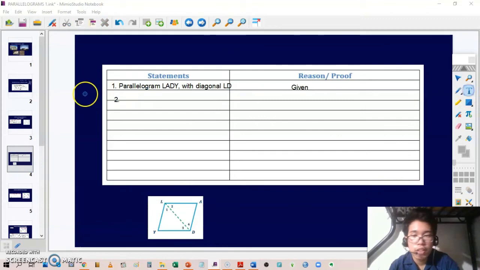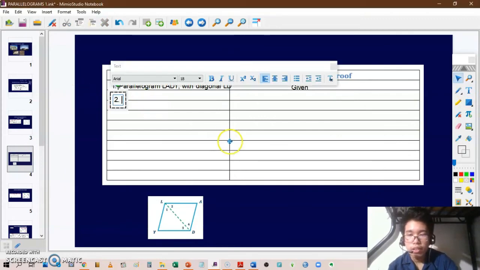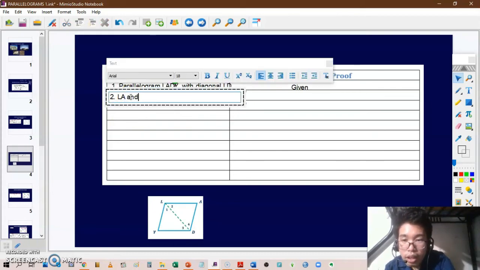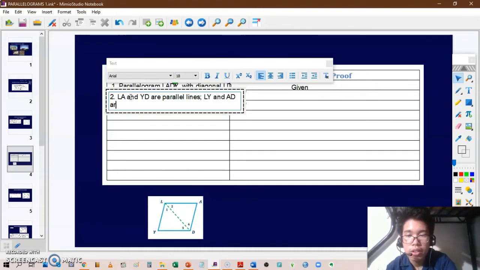Okay, so we have here line segments LA and YD are parallel lines, or parallel segments, and also we have LY and AD are parallel lines or parallel segments.